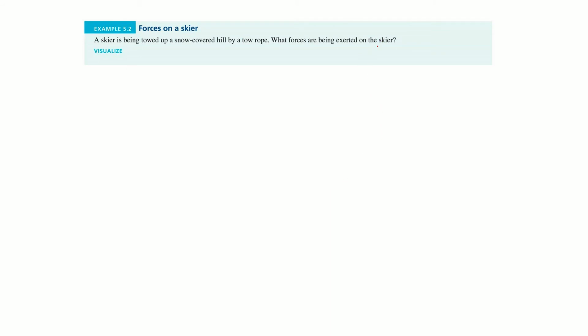So in the question, we've already identified our object. We want to describe this skier. So the next thing is, well, let's draw a picture. I have some hill, and then, it doesn't have to be a good picture, but here's my skier, holding ski poles. There's my skier, and they're being towed by a tow rope up the hill.